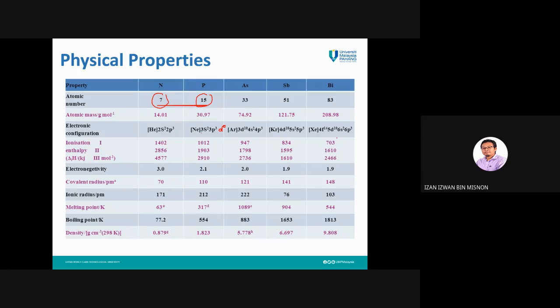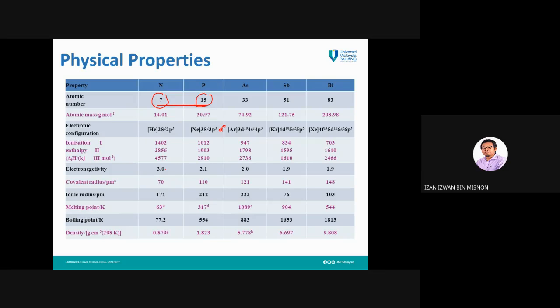This is due to the size of bismuth being larger compared to nitrogen, so the attraction of the nucleus will be smaller. That's why for bismuth, the ionization energy is smaller compared to the others.